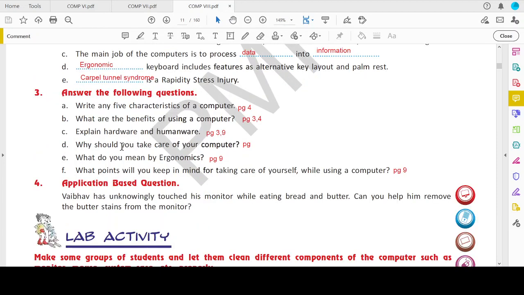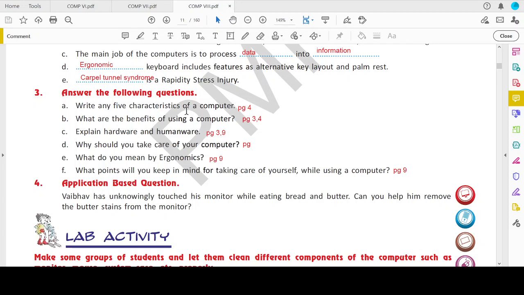Next one, answer the following questions. Write any 5 characteristics of a computer. So what are the 5 characteristics of computer? We have known the speed, reliability, accuracy, consistency, communication.